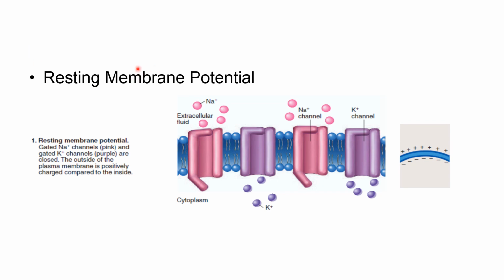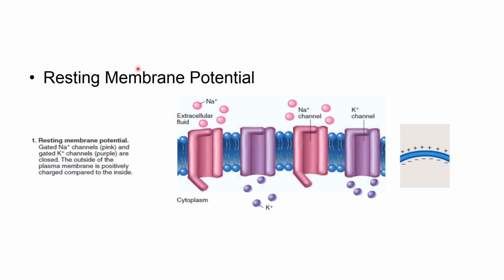We discussed already that sodium and potassium cannot cross the membrane freely, but they can be transported actively through the sodium potassium pump. The pump pushes sodium outside and potassium inside, making a difference of charges, because three sodium ions are pushed outside and two potassium ions inside. Outside becomes more positive as compared to inside.